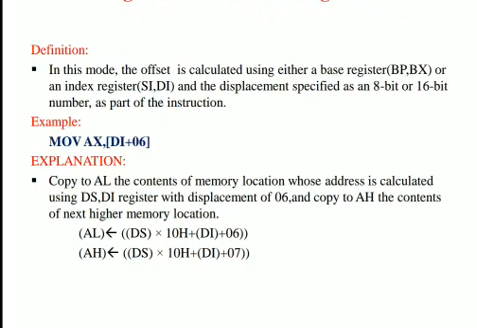Destination index always gives the offset address, so offset address plus 6. Then it is added with the data segment register address multiplied by 10H, that gives the physical address. Similarly, the higher order byte is stored in the higher order memory location.